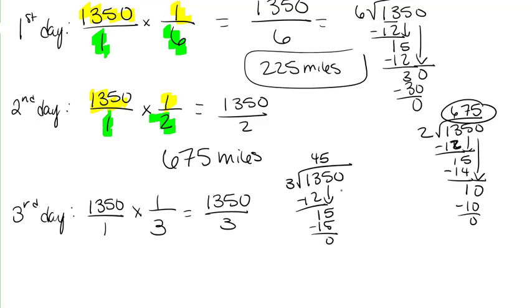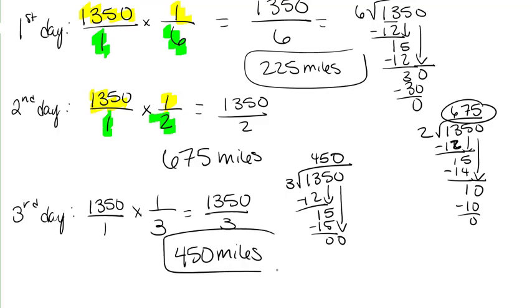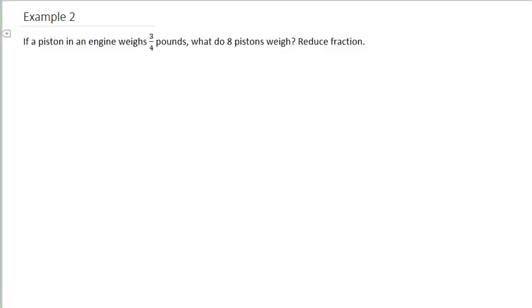We subtract, we get 0. Bring down the 0. Now 3 can go into 0 0 times. So we're just left with 450. So on the third day, she went 450 miles. So on each day, you can see that she went a different amount based upon what we say is 1/3 or 1/2 or 1/6. And let's go do another example.